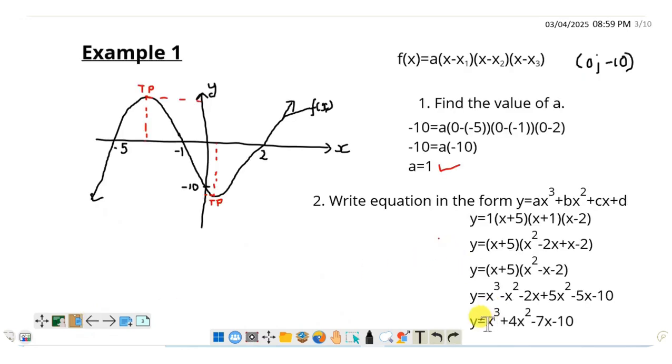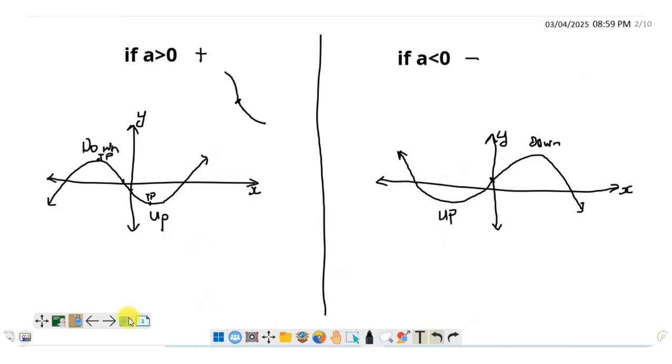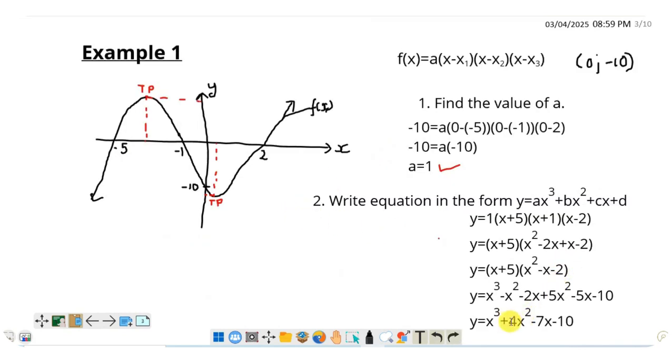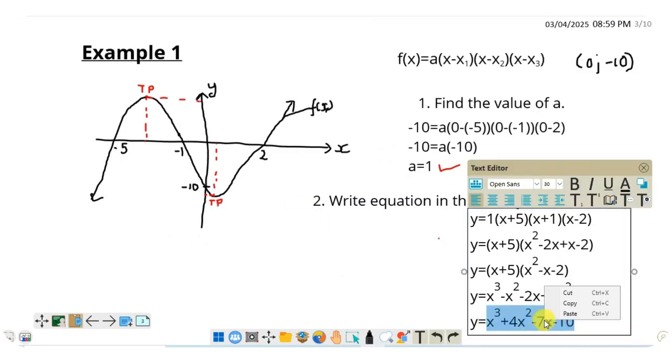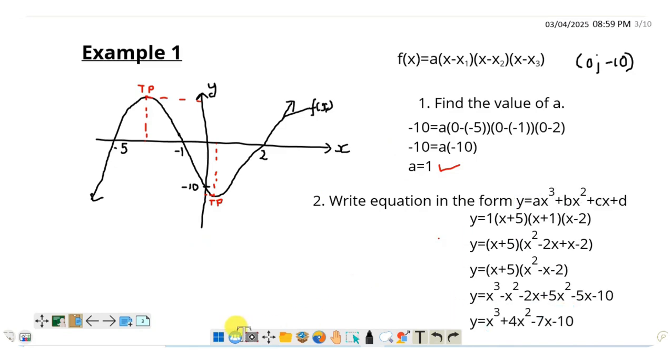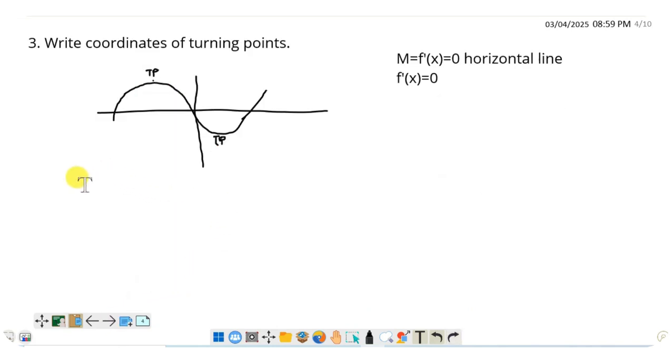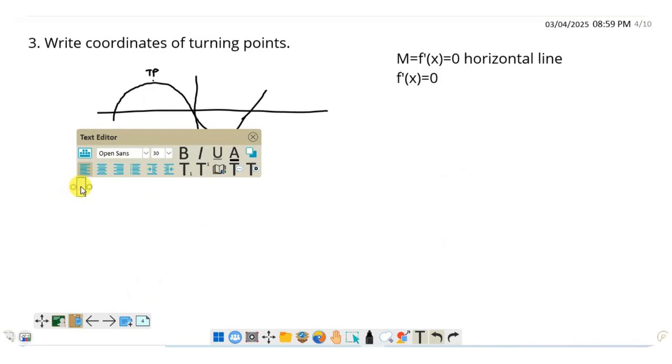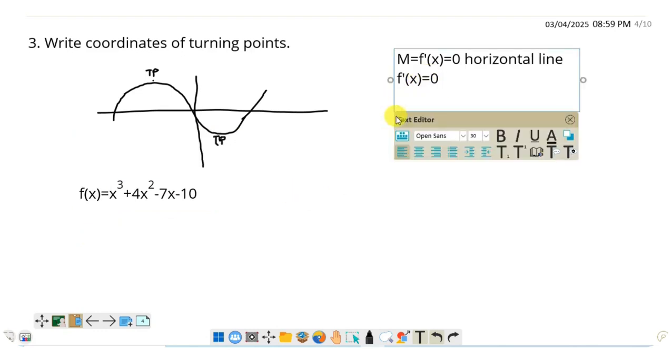Here's the equation, f of x equals that. Now we need to derive it and set it to 0, because the gradient is 0 at the point.